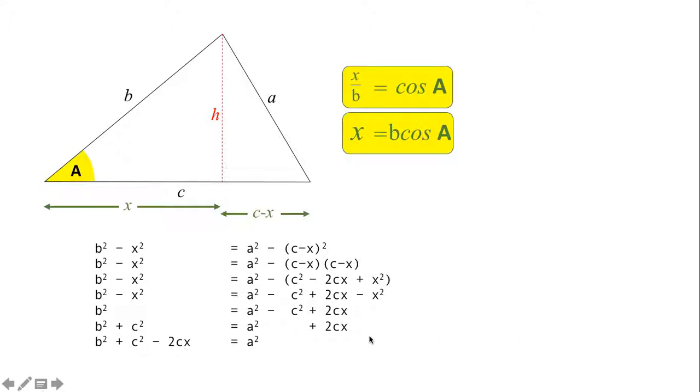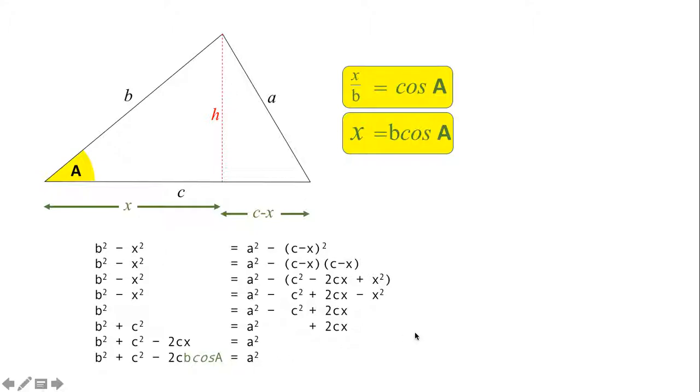I've taken away the 2cx from both sides to get b squared plus c squared minus 2cx equals a squared. So it's starting to look like the cosine rule. And remember that x there is equal to b cos A. So I'll swap that x for b cos A, and then we've almost got the cosine rule: b squared plus c squared minus 2cb cos A equals a squared.